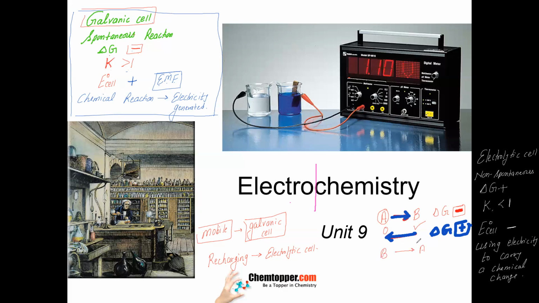So that is the reason when you want to carry out B to A, when you want to regenerate your chemicals, delta G must be positive. It's a non-spontaneous reaction. You cannot carry it out without using electricity. So you are supplying electricity during recharging. You're using electricity to regenerate the chemicals.